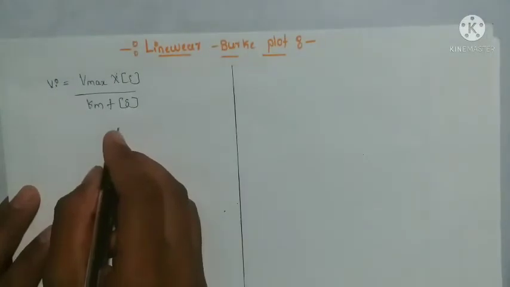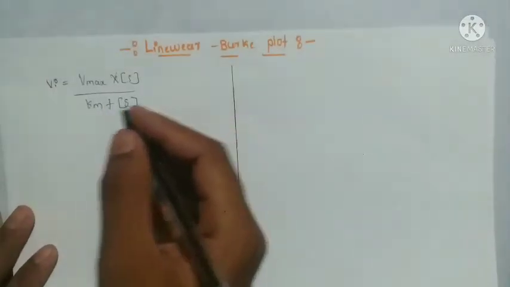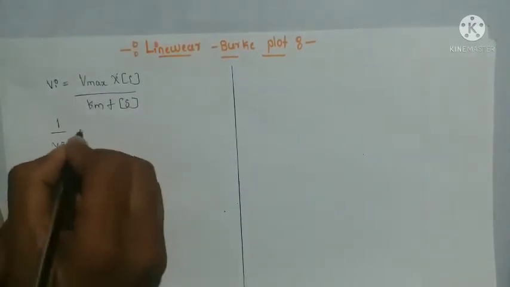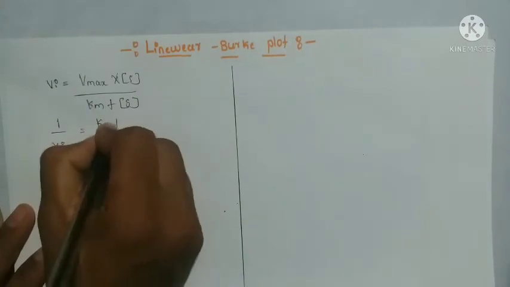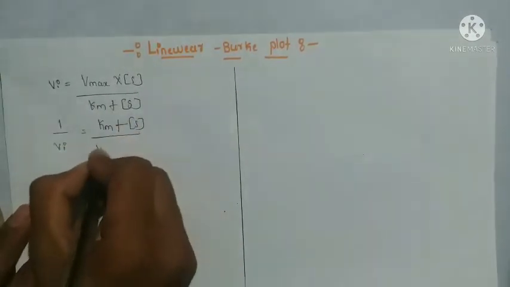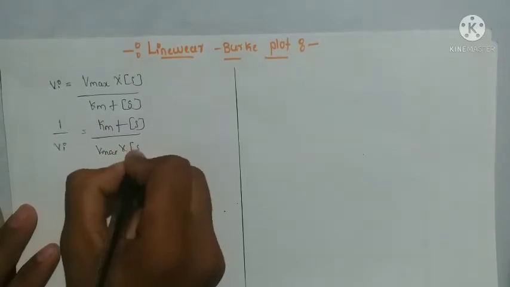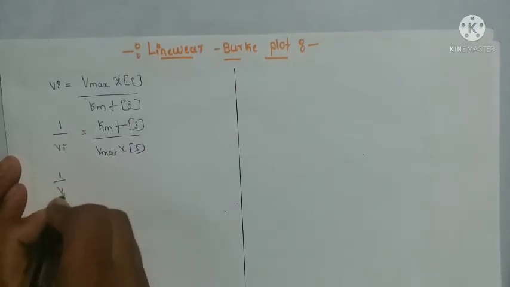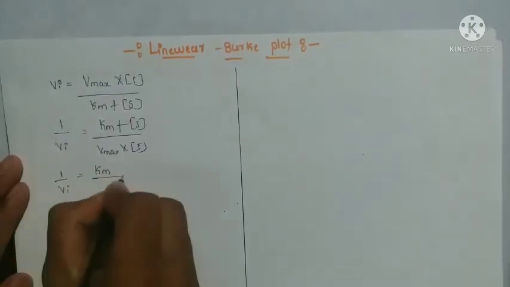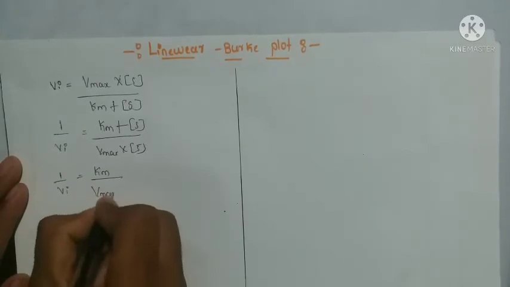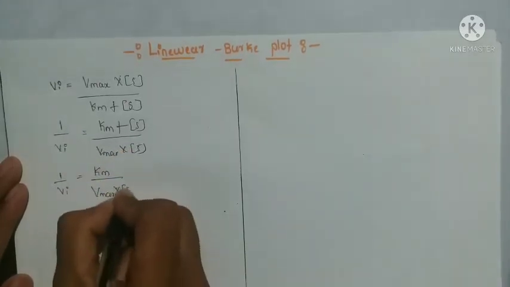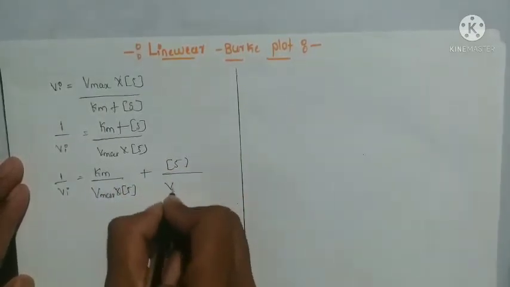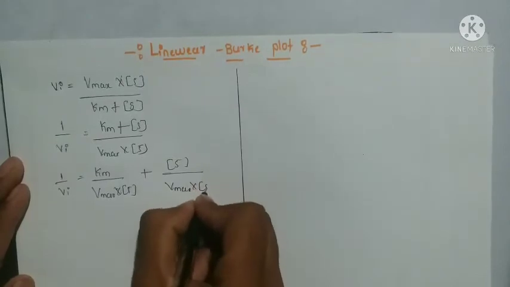Taking the reciprocal, 1 divided by V initial equals Km plus substrate divided by V maximum into S, and this can be written as Km divided by V max into substrate, plus substrate divided by V max into substrate.